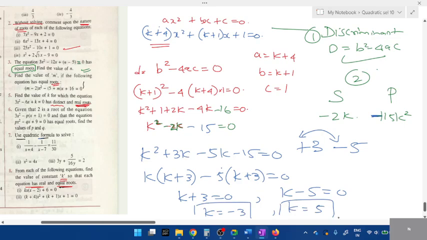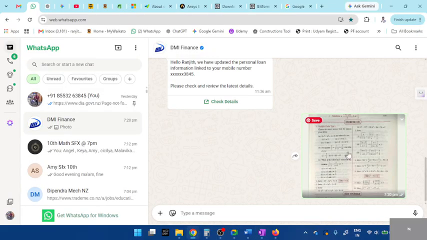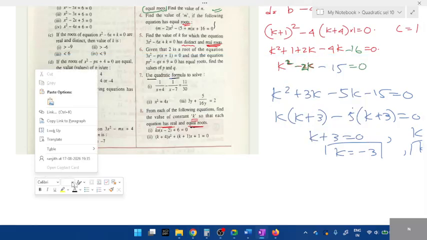Did you get the correct, same answer? Okay, that's it, students.